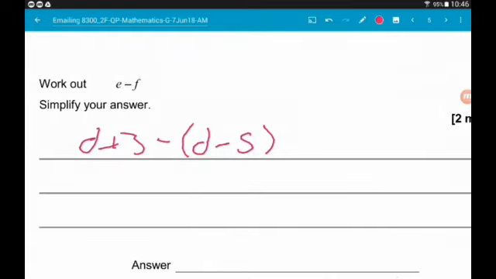So we've got D plus 3 minus D, and then minus 5 is plus 5. So we're left with D minus D, so they cancel out, and then 3 plus 5 is 8.